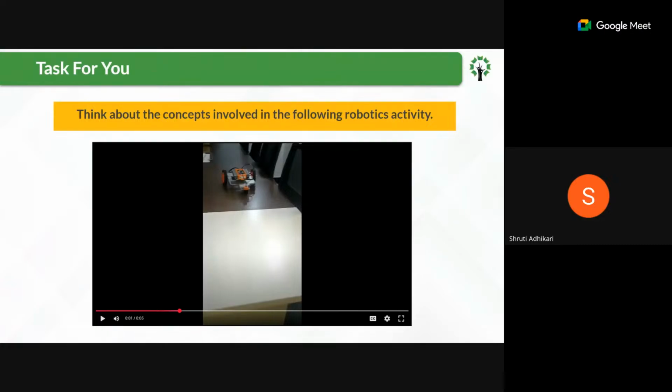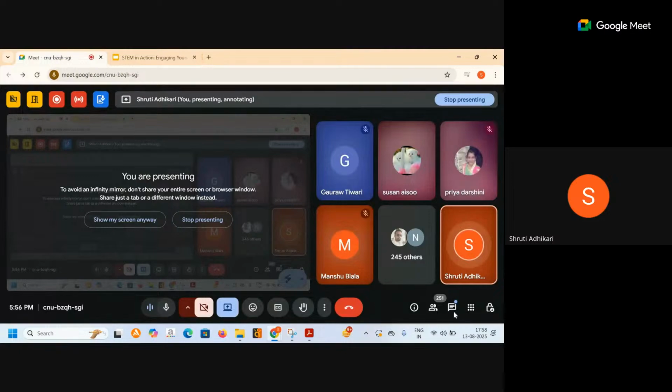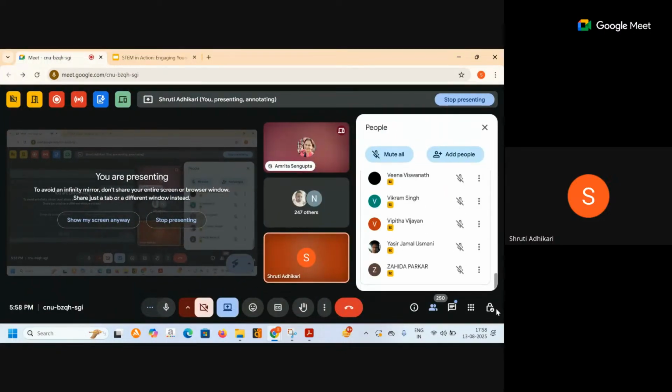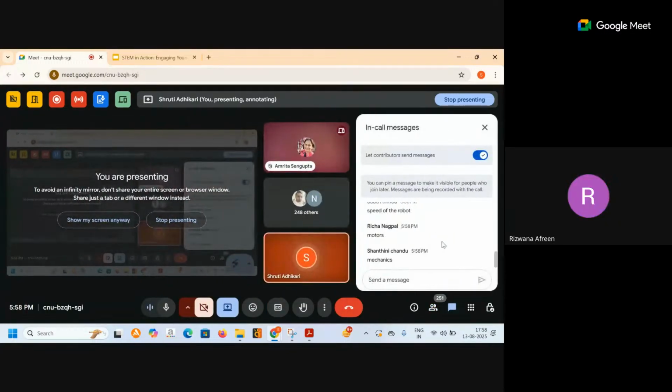Sensors is one concept which ma'am has already mentioned, right? Then coding concept. Okay, mechanical concept. It's a motor, speed of the robot. Perfect.